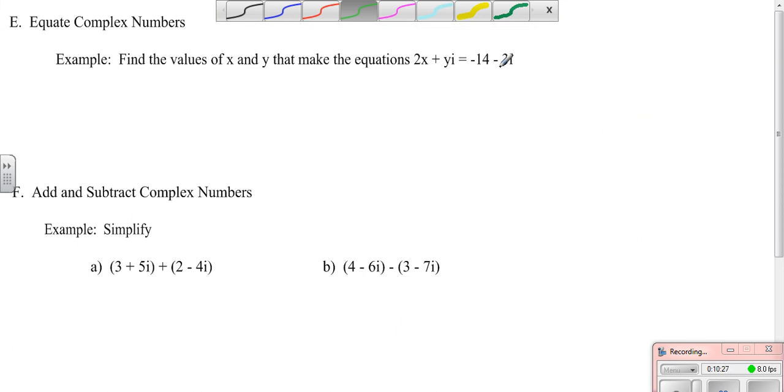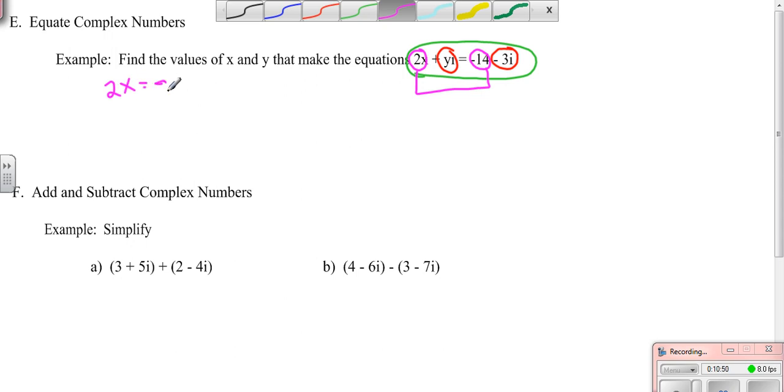Now, in order to solve mixed problems like this, where I have real components and I have imaginary components, there's a neat little trick. I can take the two real components and set an equality sign up and solve for them. 2x equals negative 14. And I can set up an equation for my two imaginary parts. y times i is equal to negative 3i.